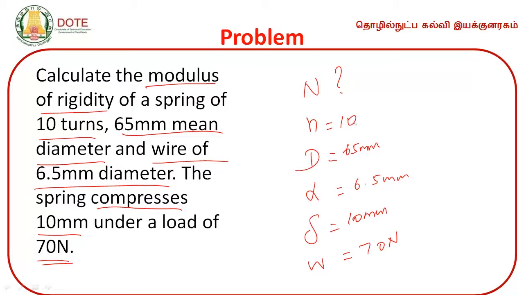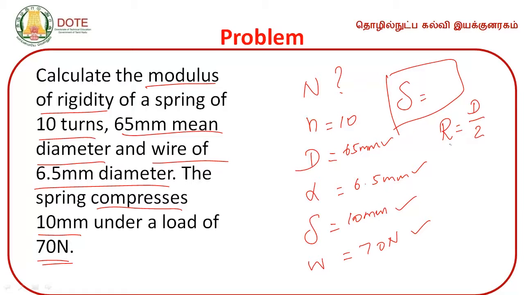Number of turns is given, mean diameter of the spring is given, spring wire diameter is given, deflection is given, load is given. From this, what should we find? We have to find N. By direct substitution in the formula for del we get all the values. Only R has to be found. What is R? Mean radius. It is going to be D by 2. So if we take D by 2, you will get the result for N.